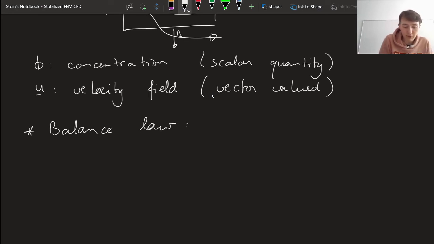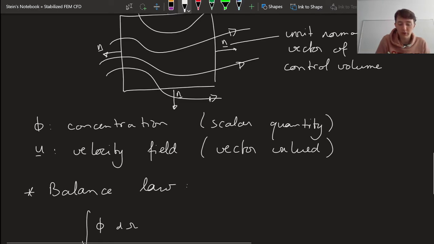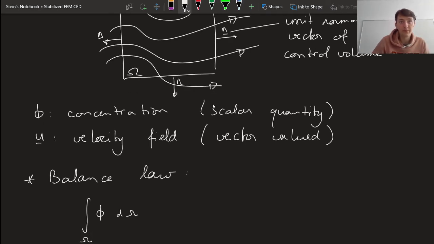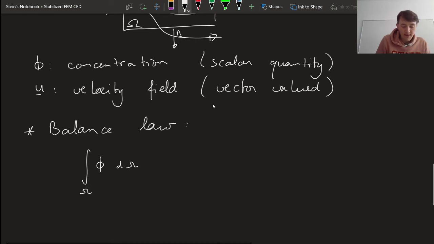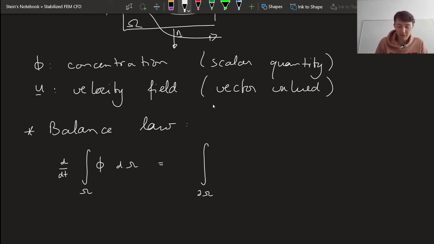Now we're going to say if we integrate the quantity phi on this domain omega, so my control volume here is omega, then the time derivative of this total amount is going to have to change based on what is going on the boundary of omega, denoted by partial omega, plus some volumetric source term.